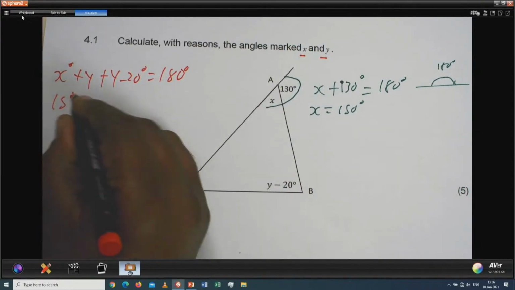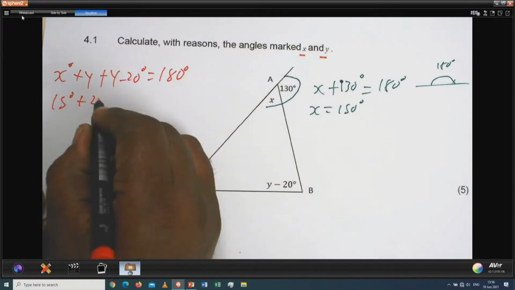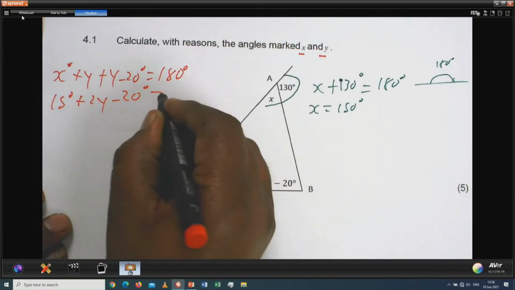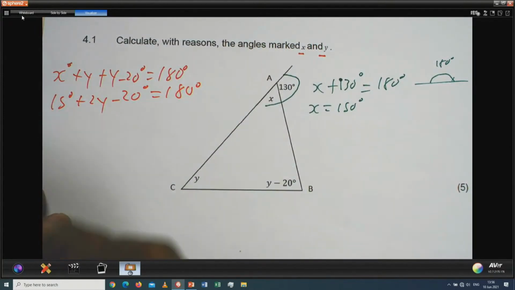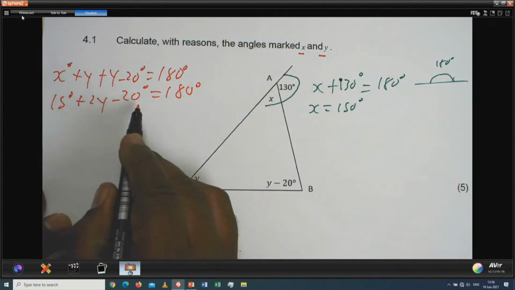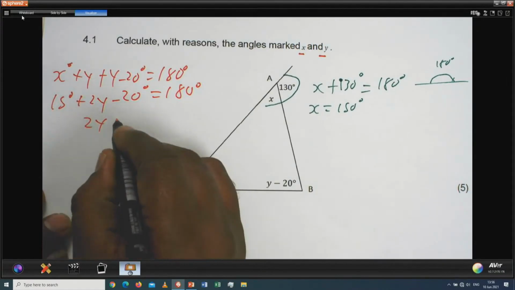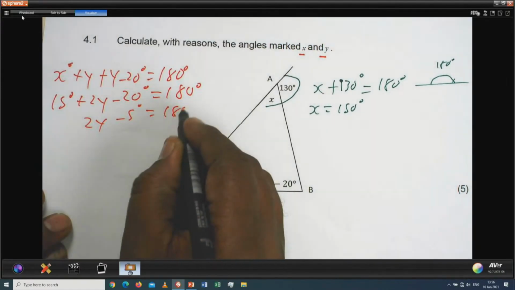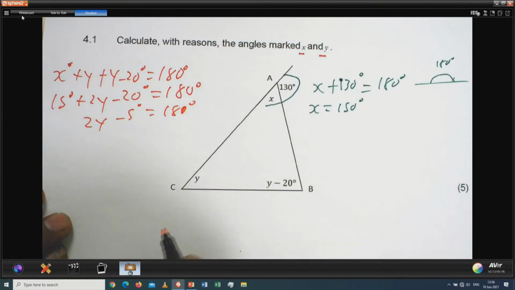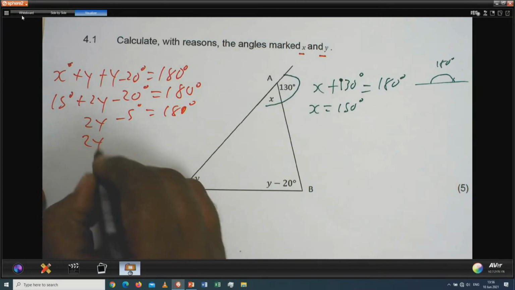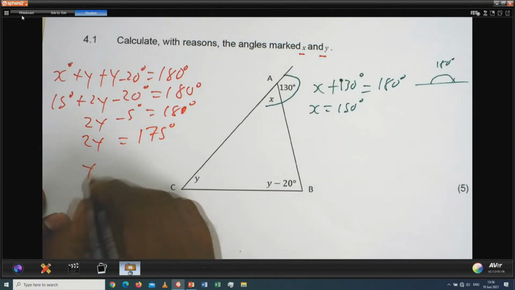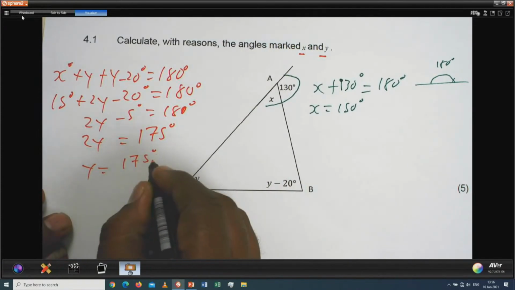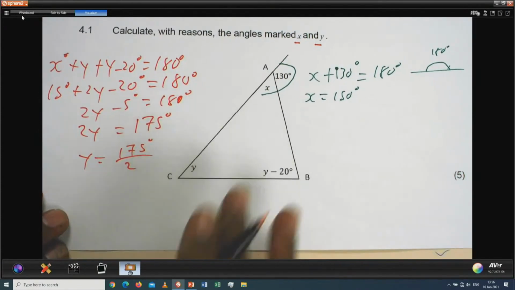Therefore, 150 degrees plus 2Y minus 20 degrees equals to 180. 150 minus 20 is 130, so 2Y is equals to 175 degrees. And Y is equals to half of 175.